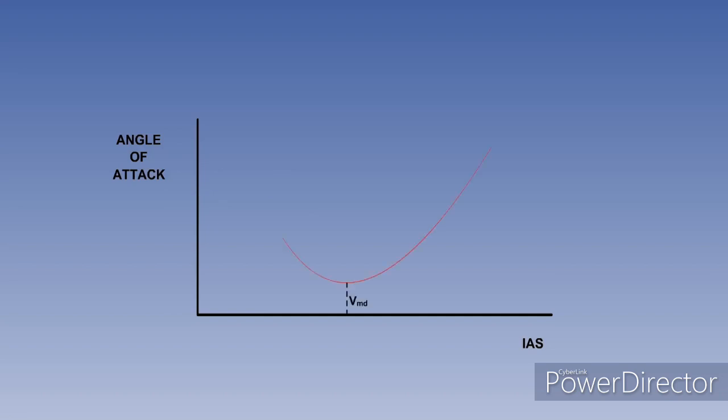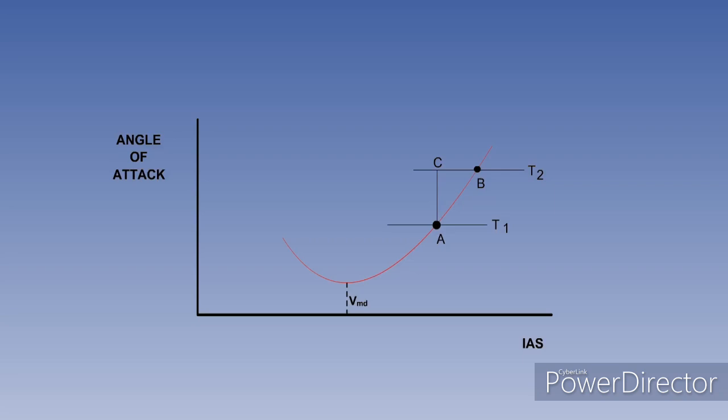Drag increases with speed above minimum drag speed, Vmd, and so to maintain a higher speed, the thrust must be increased by applying more power. To fly the speed at point A requires a thrust of T1, and to fly at speed B requires a thrust of T2.